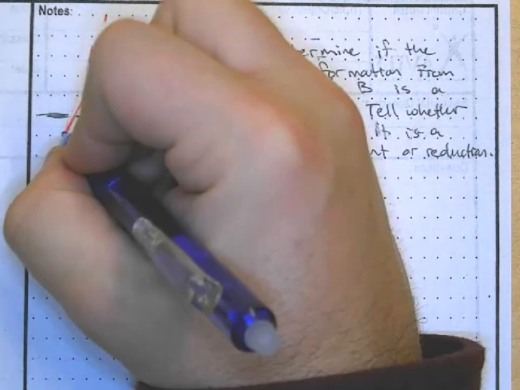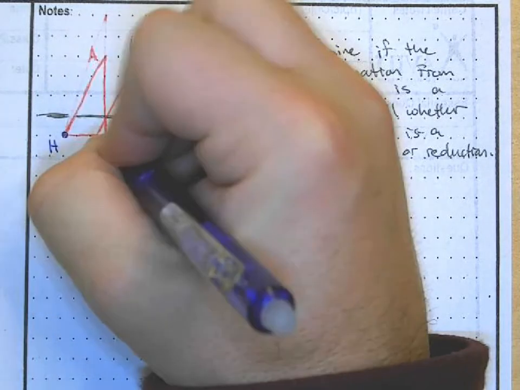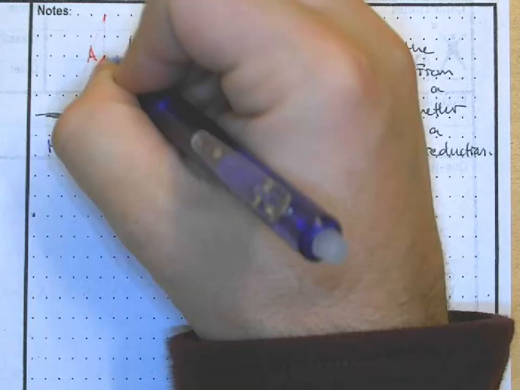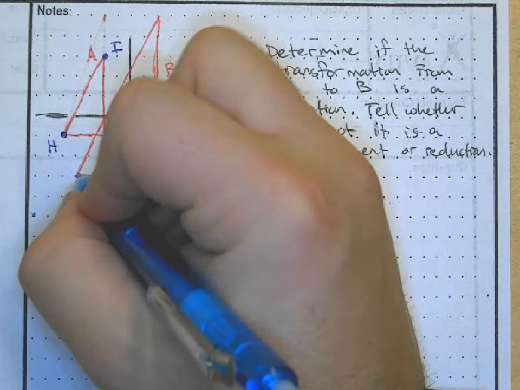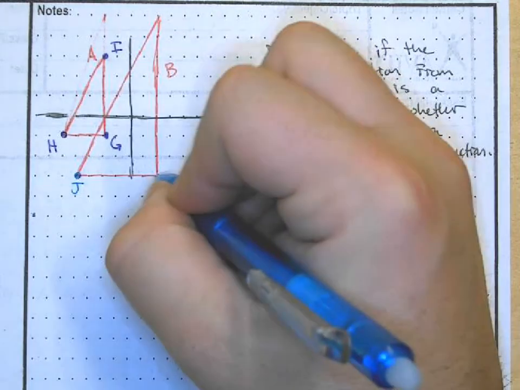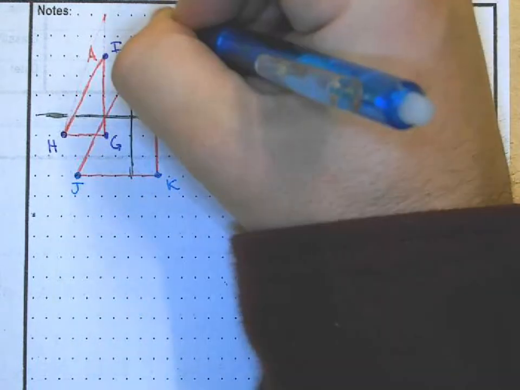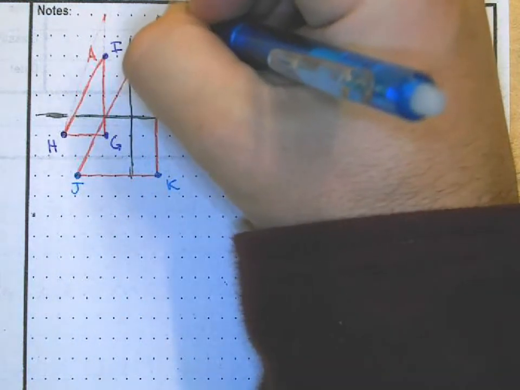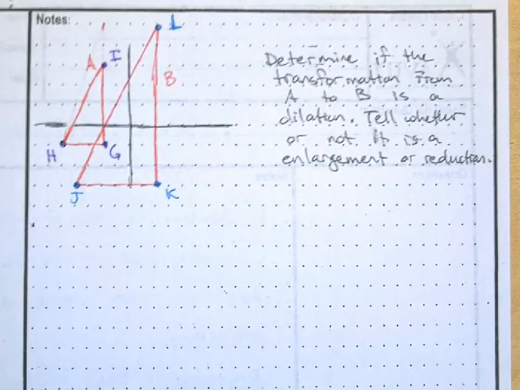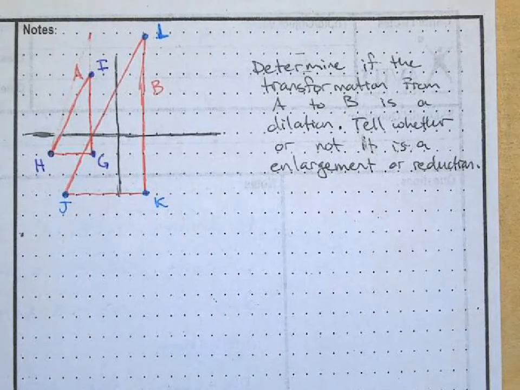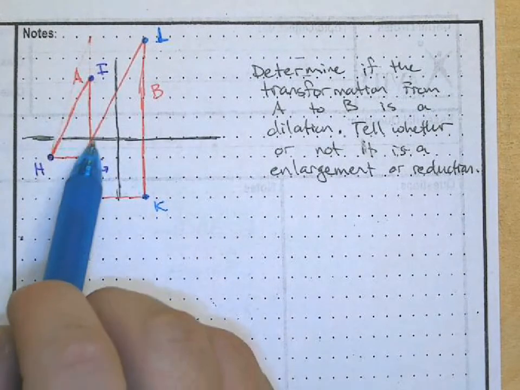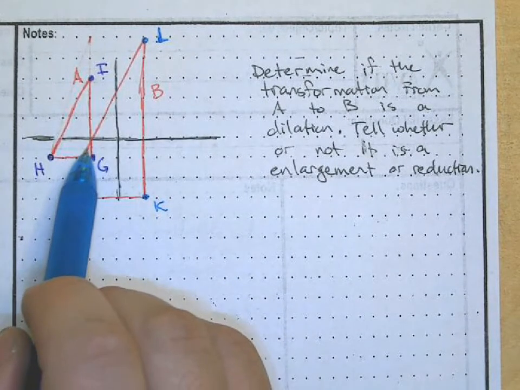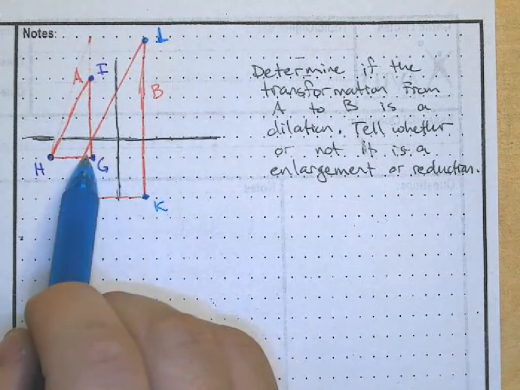So let's call this H, G, I, and then we'll call this one J, K, L. So what we can say is anytime it looks like we're having a dilation, we know that we're always going to have this angle that they share.